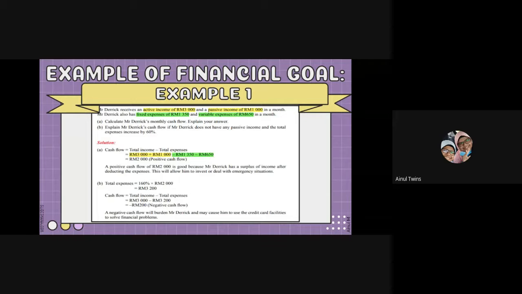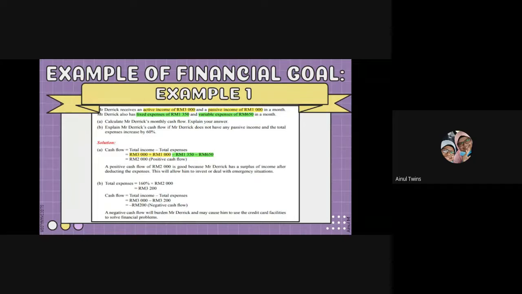That is the positive cash flow. So a positive cash flow of 2,000 is good because Mr. Derek has a surplus of income after expenses to save, invest or deal with emergency situations.